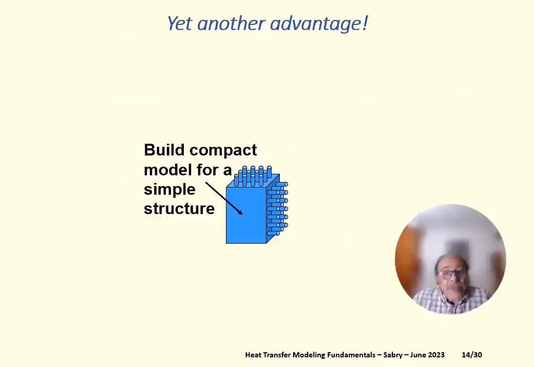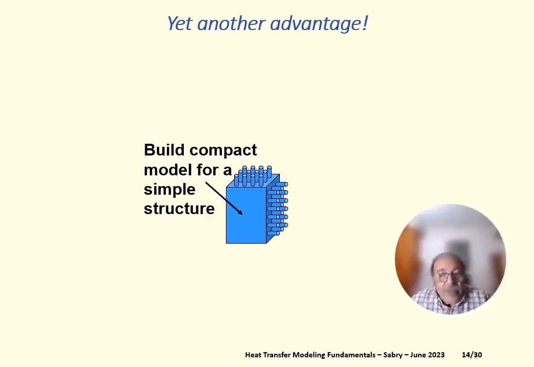There's another big advantage, which is that I can decompose a complicated structure into smaller structures that are simple and then join them together. Suppose I have a small structure like a Lego element, just a box.